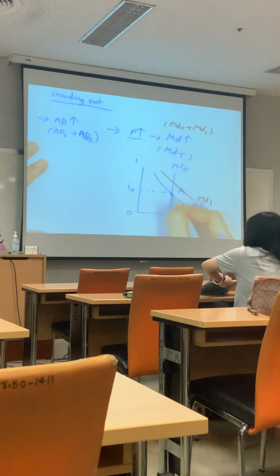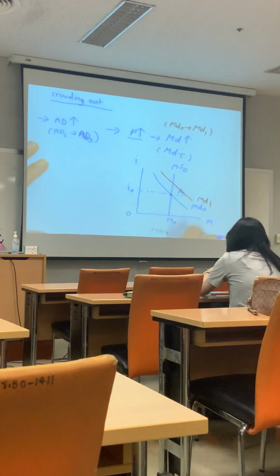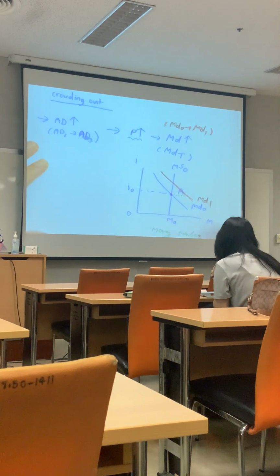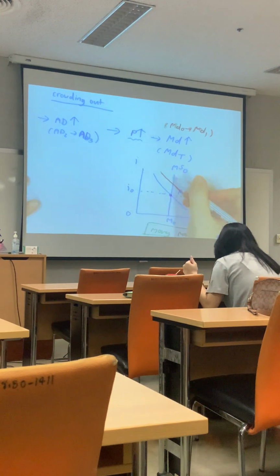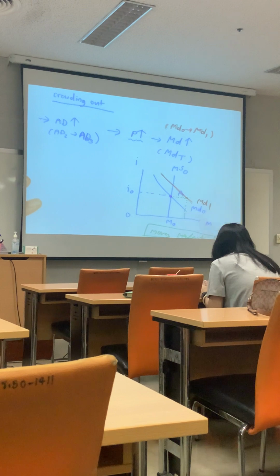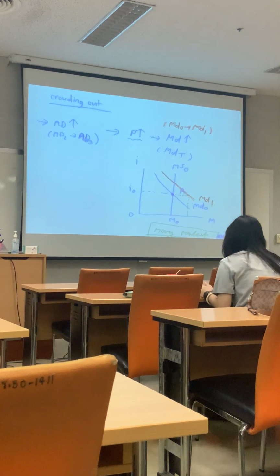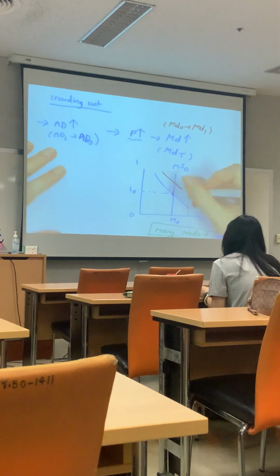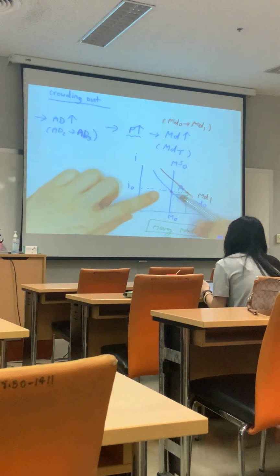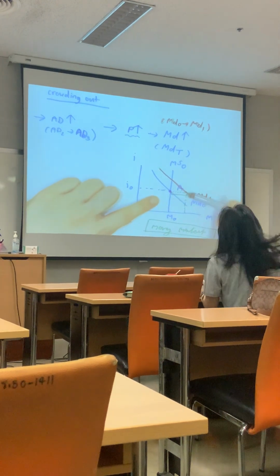Now, at I0, what happened? This is the money market. Okay. At I0, what happened? We have excess something. Because the MD is here, already shifted rightward, right?